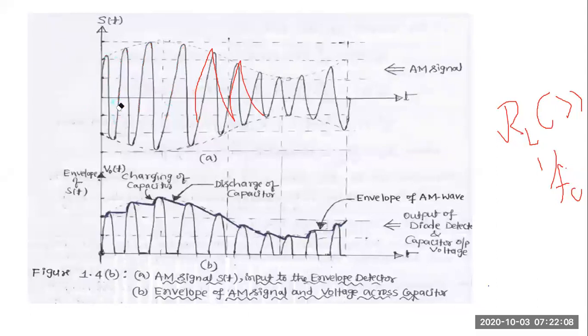I hope you followed. That's the first condition. And the second condition is RL × C should be much less than the time period of the message.